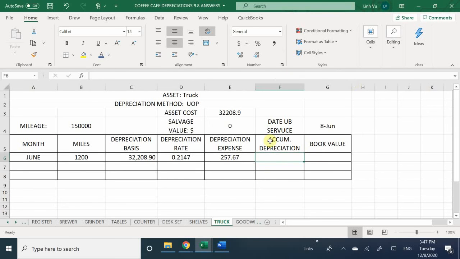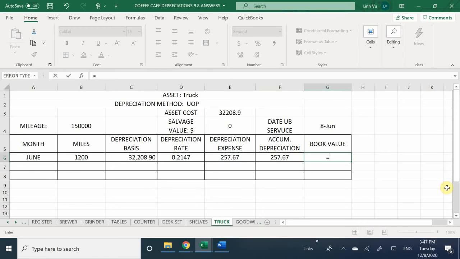You can fill these out for practice purposes, so I'll go ahead and do it with you guys. What's my accumulated depreciation? $257.67. Correct. And then what is my total book value going to be? That is cost of the asset minus accumulated depreciation, and that is $31,951.23.